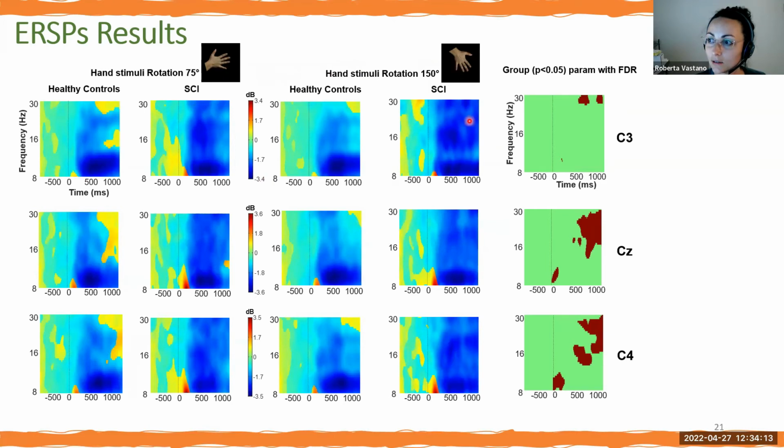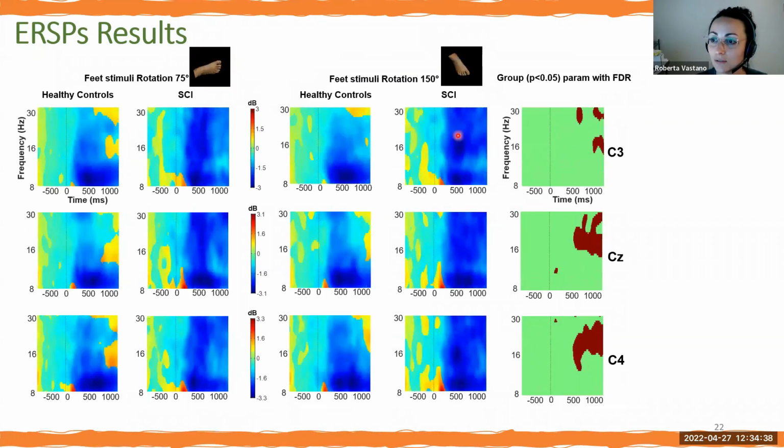There is a trend to desynchronize more in the beta power, while controls still have desynchronization in the alpha. They also desynchronize a little bit for beta, but they seem to return to baseline after all, while SCI have this overactivation of the motor cortex that seems to desynchronize at all times.